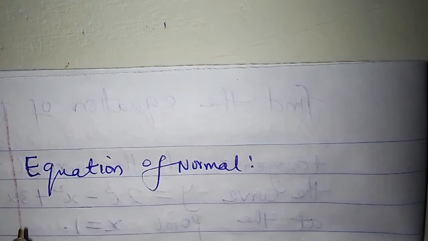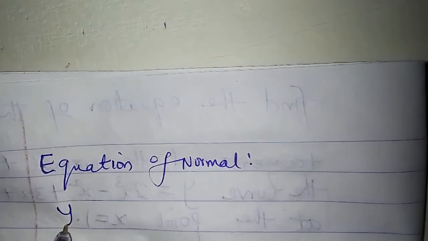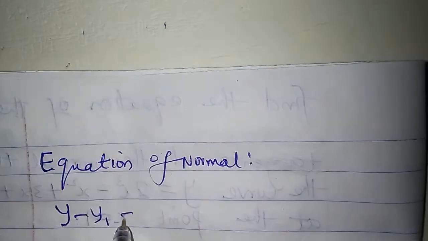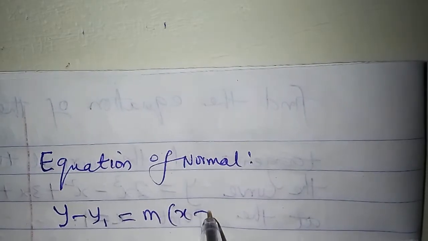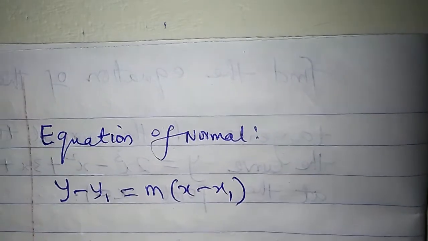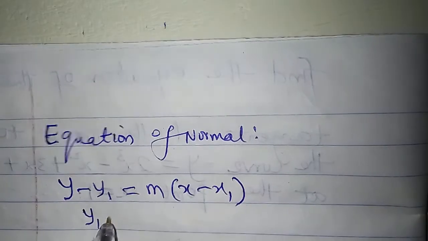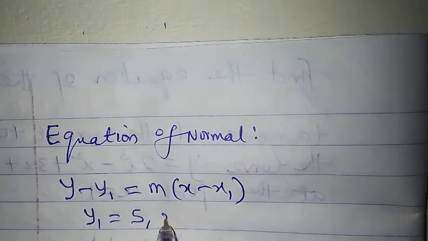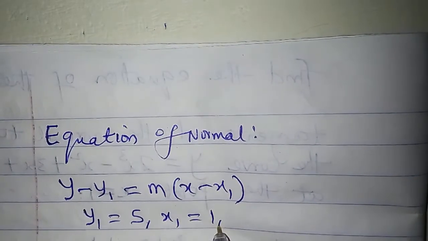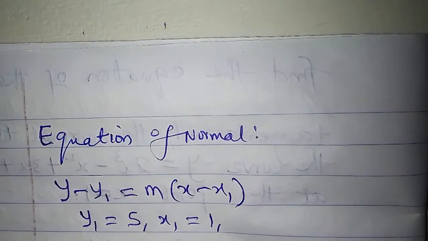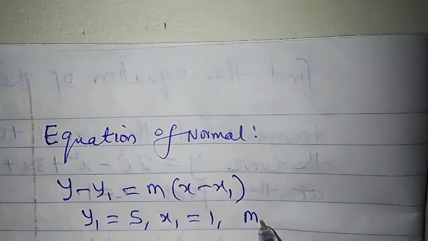So we are going to make use of the formula y minus y1 is equal to m times x minus x1. Remember that y1 is 5, x1 is 1, and the gradient of the normal is m2.